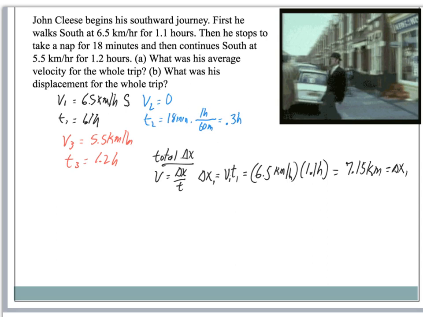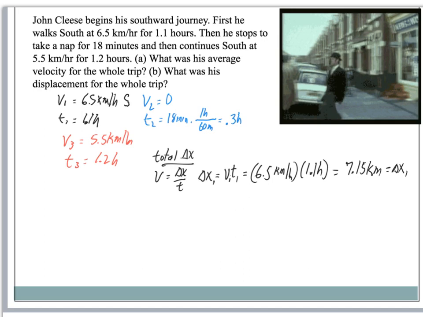For our second part of the trip, what occurred in blue, what would be the total displacement? Well, do we actually need to do any math here? His velocity was 0. So can he have any displacement if his velocity was 0? I don't think so. So we could show it in math form here.